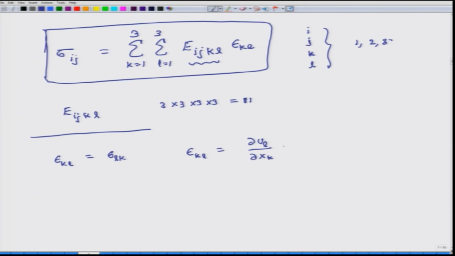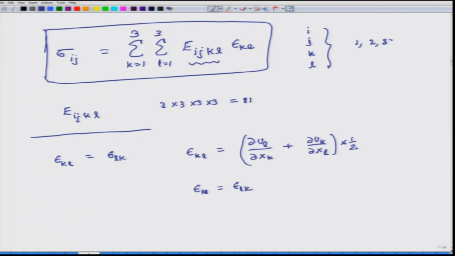This definition comes from mathematics, and we will not go into that, but what you find is that because of this, epsilon_KL is equal to epsilon_LK.